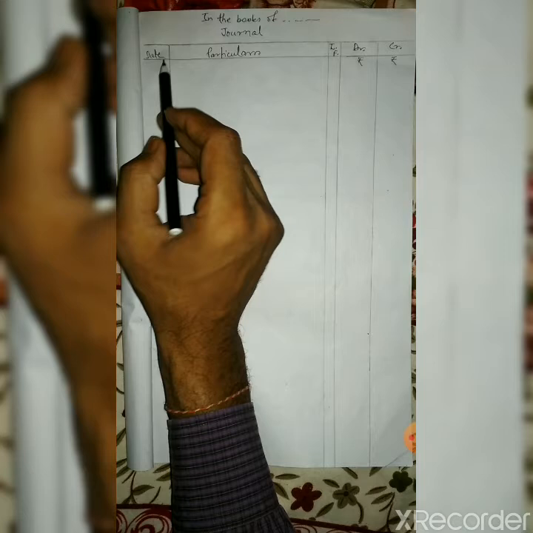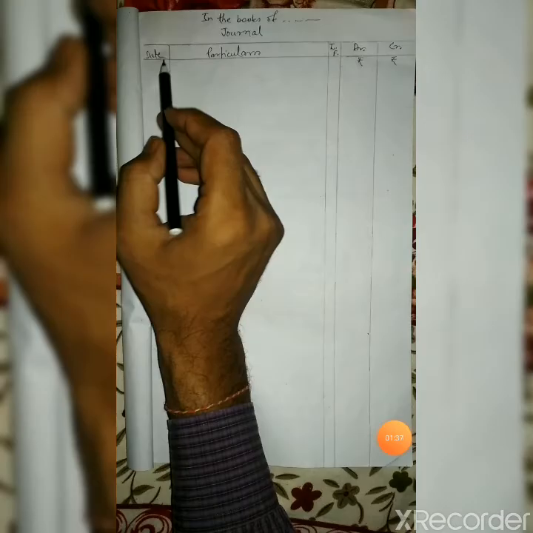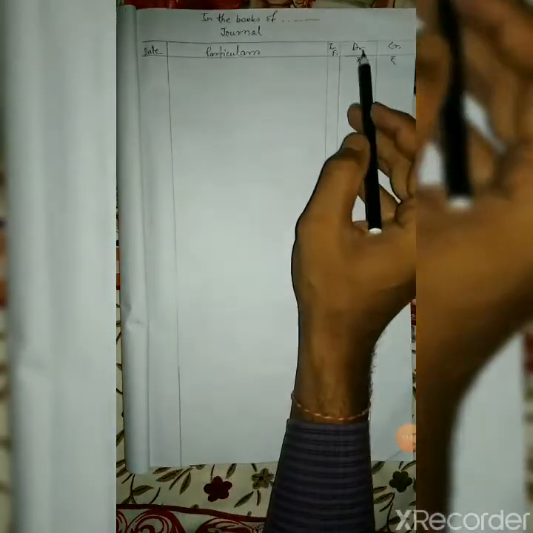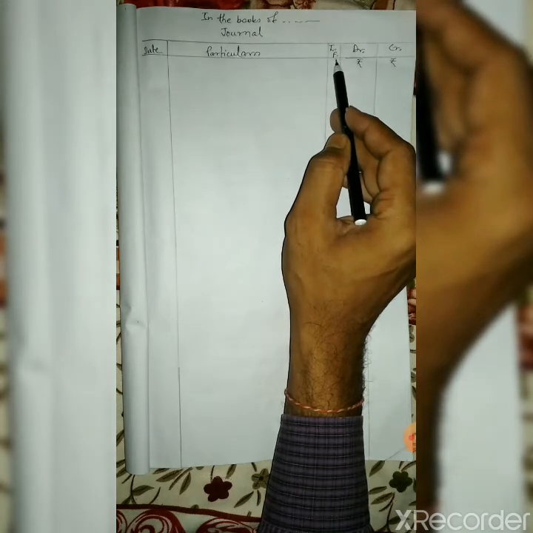First, there is a date column in which the date of each journal entry will be put. Then particulars, meaning details, will be there. Then comes ledger folio. That means the page on which details of this journal entry are written.